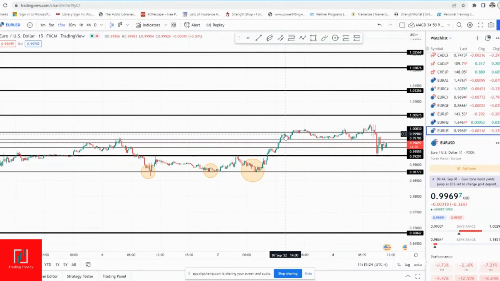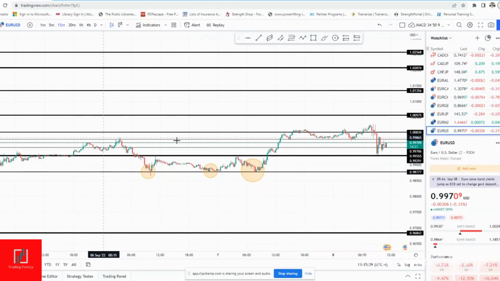Okay, and this actually came back down to, if you were to take a sell trade, that actually came right back down to the area that we looked at before for a resistance, now becoming a support. And to give you an idea, if you had taken that trade, we had another 23 pips.